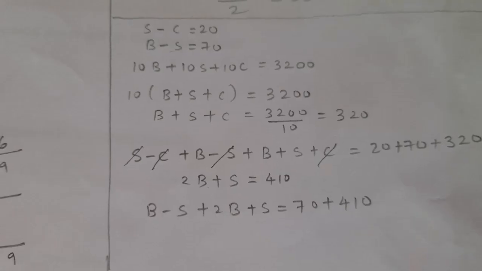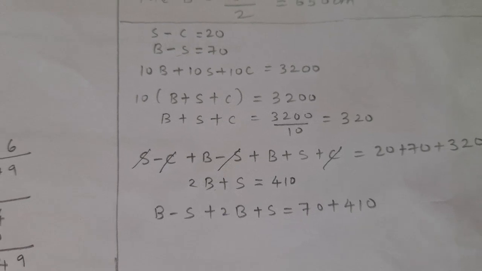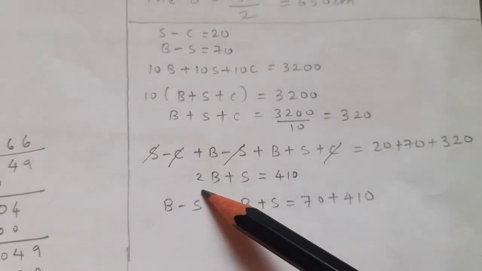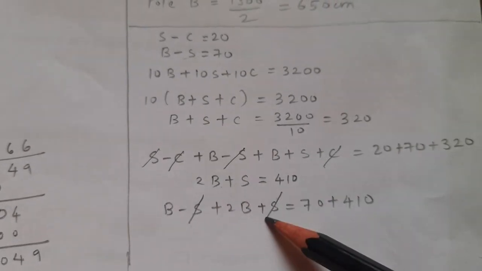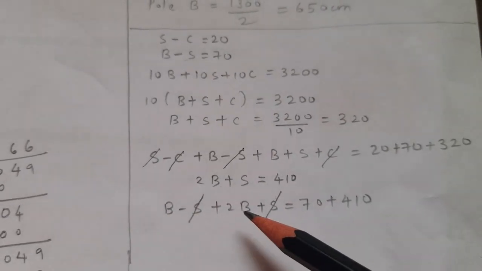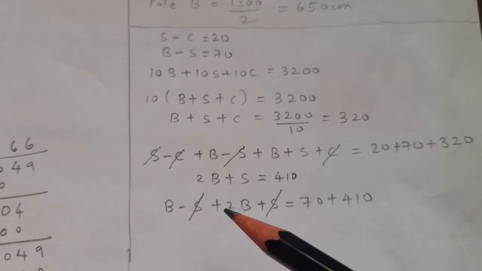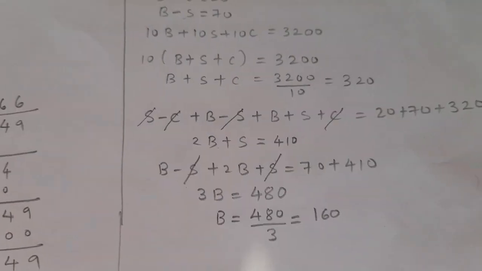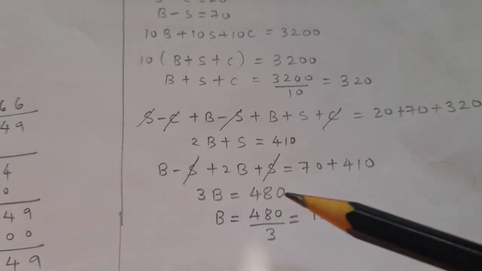Okay, so adding them, it looks like b minus s plus 2b plus s. So s minus s will be 0, so we remove it directly. So now we have got 1b plus 2b, which is 3b in the left hand side. So let's solve that. Okay, so 3b is equal to 480.